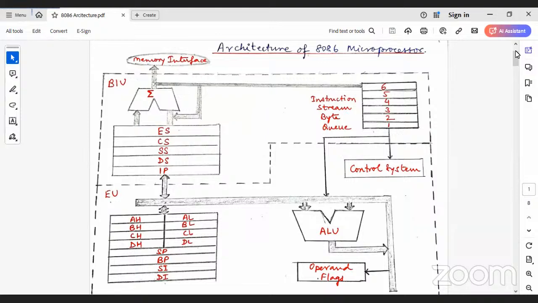Here also you have address latch enable in the pin diagram. Depending upon its state, the lower order lines will be used as data bus or address bus. Now in the address bus of 20 lines, 16 are already doing the double work of carrying data.